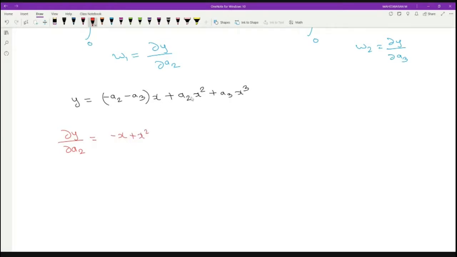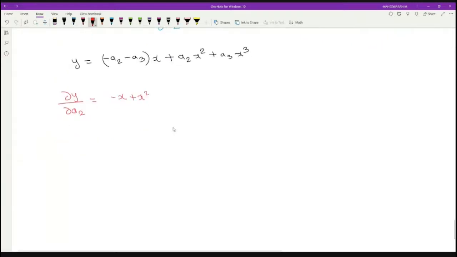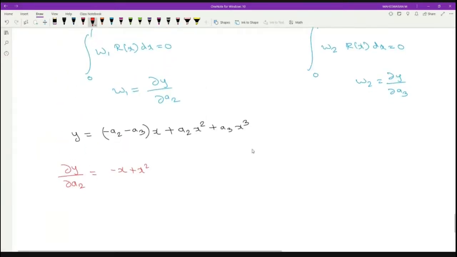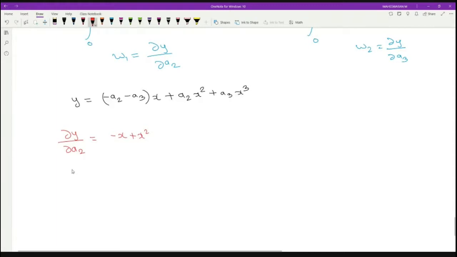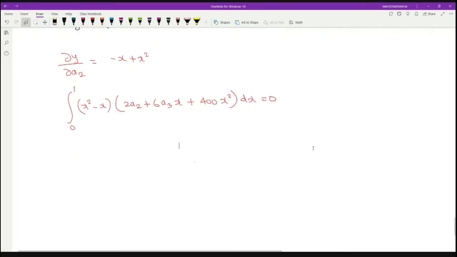Other things become 0. So this is my term. Now let me apply it in my equation. So it is integral 0 to 1, x square minus x, and then equate it to 0.